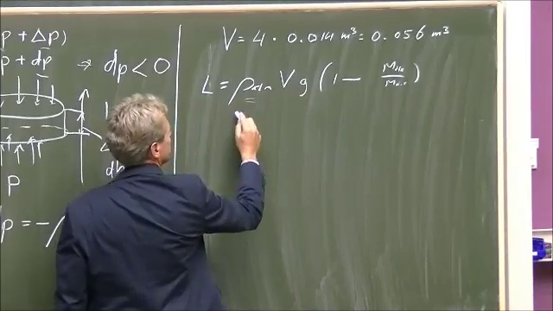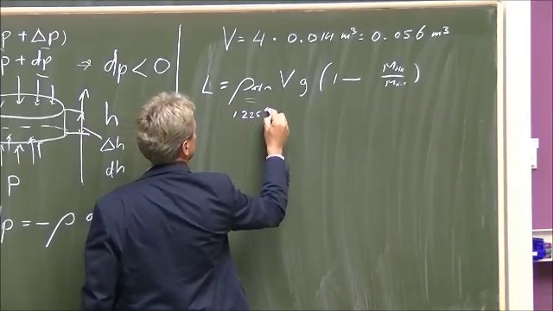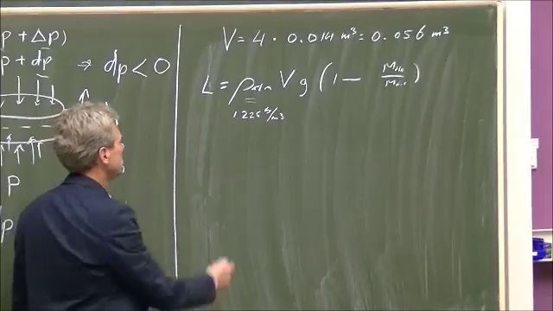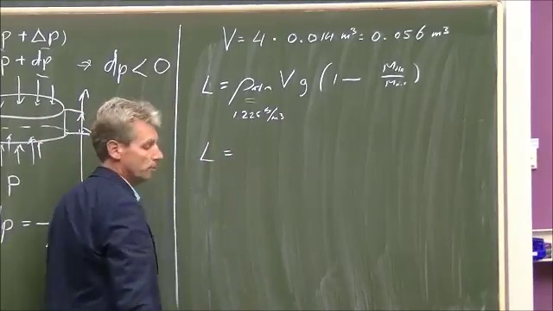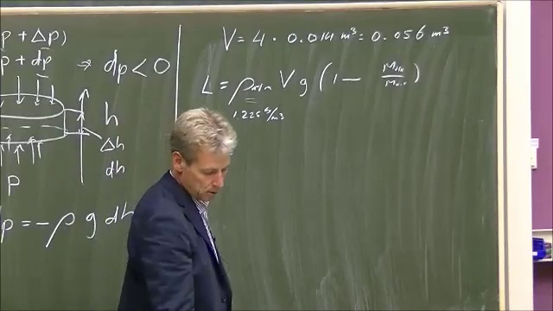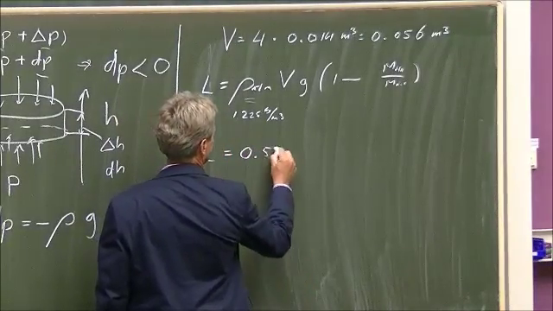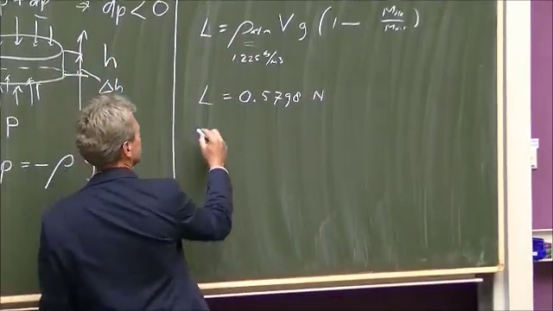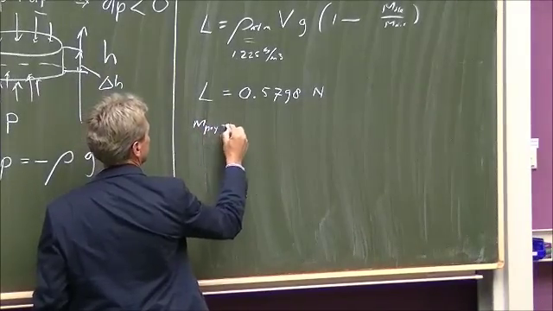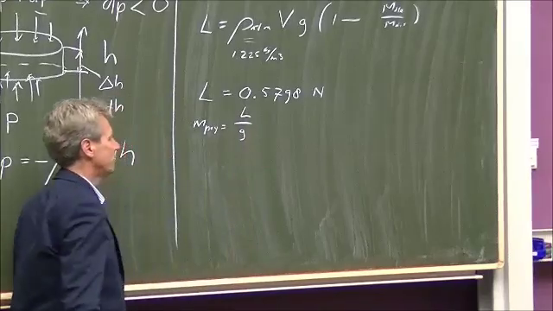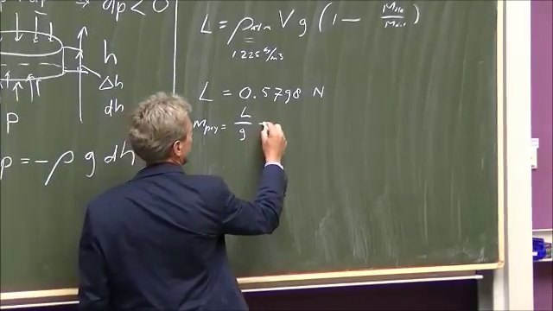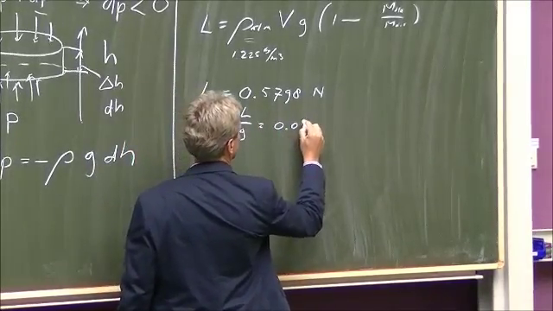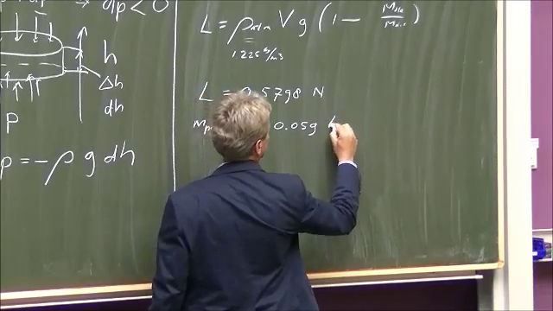And if we use the standard atmosphere here as a guess, 1.225 kilogram per cubic meter, and we fill this in, we get for the 4 balloons that the lift is 0.5798 Newton, which means the payload has to be the lift divided by G, as the gravity force is m times G. And this means that the actual lift capability is 0.059 something kilogram.